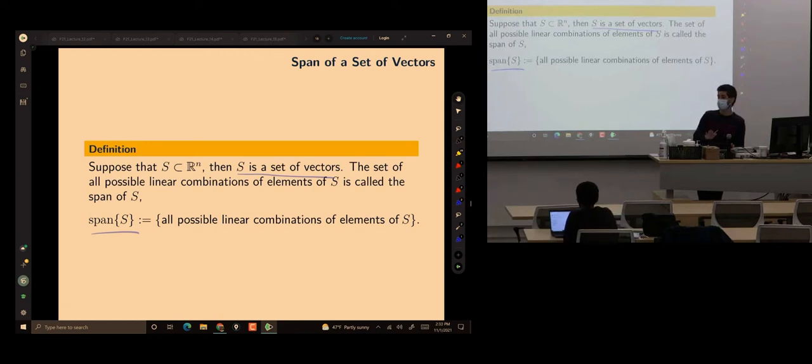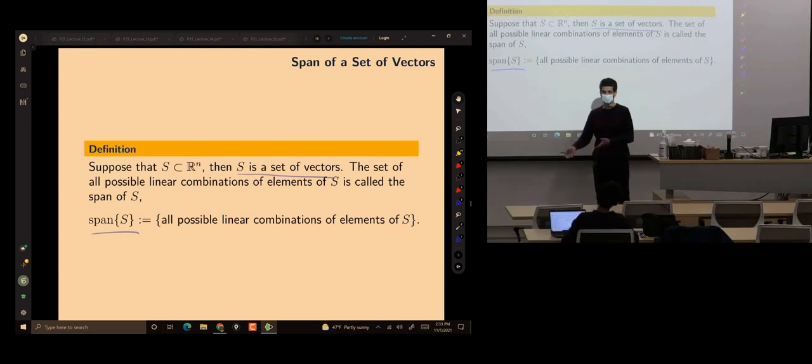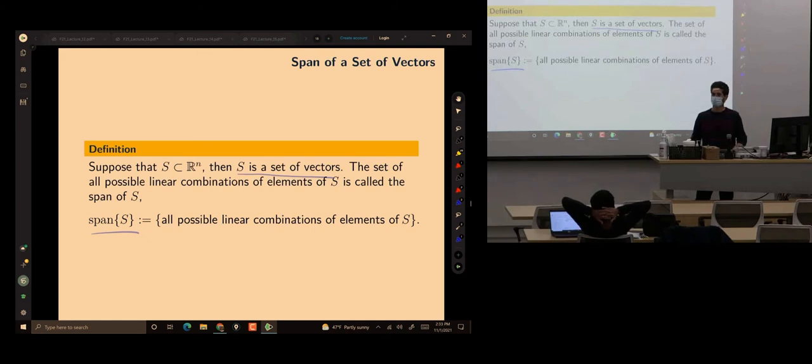Now, the consequence of this is that it must include the zero vector, right? Because if the subspace is closed under linear combination, that means the coefficients alpha and beta can also be zero. If you choose them to be zero, it gives you the zero vector. So an easy way to check whether a set is a subspace is to quickly check if it contains the zero vector. If not, it is disqualified. It's not a subspace. If it does, then you can check the linear combination.